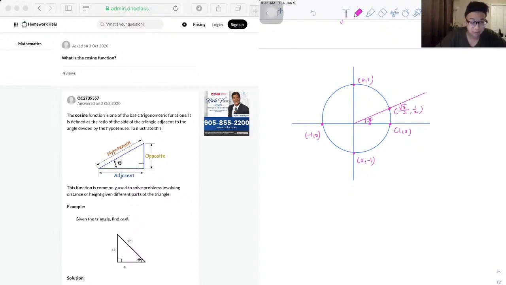And if we have an angle with, let's say, pi over 3, it will be here, pi over 3. So the coordinate for this point will be 1 over 2, root 3 over 2.